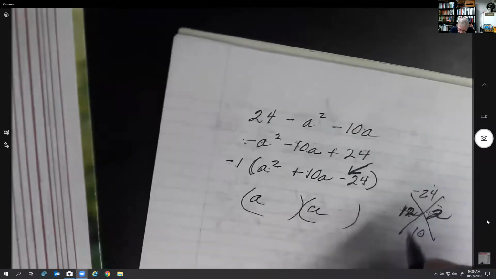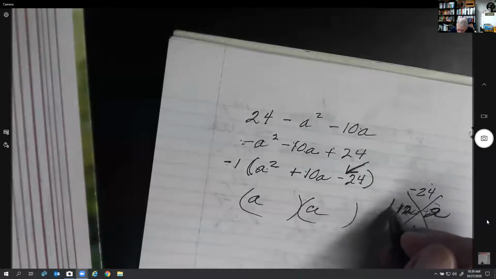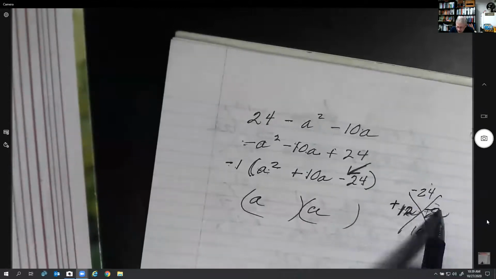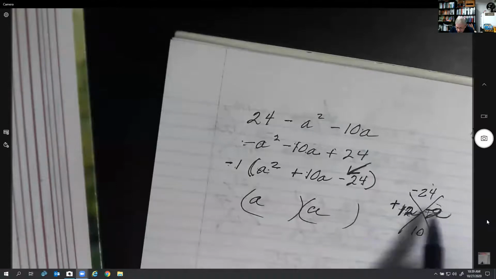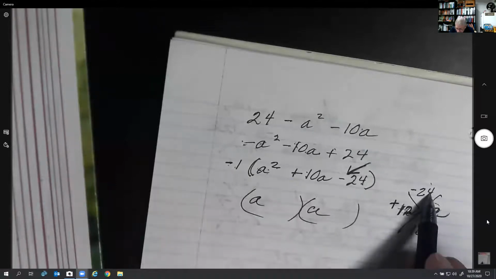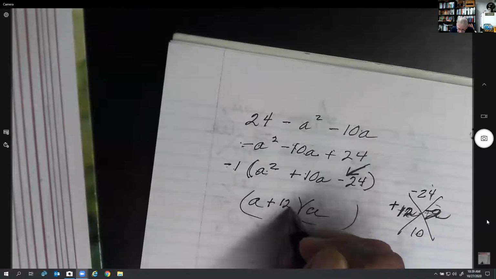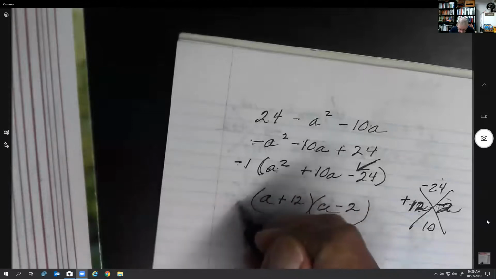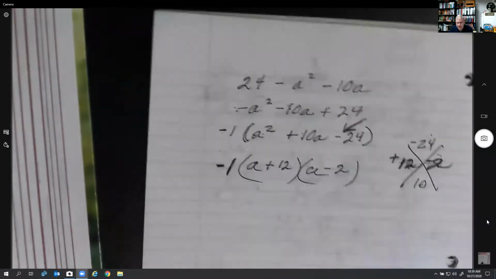And I need this to come out positive, so I need a positive 12 take away 2. 12 take away 2 is a positive 10, and then a positive 12 times a -2, one negative, and the whole thing is negative. So this is going to be a plus 12 and a minus 2. And then I still want to bring down this -1. And that's the complete factorization.